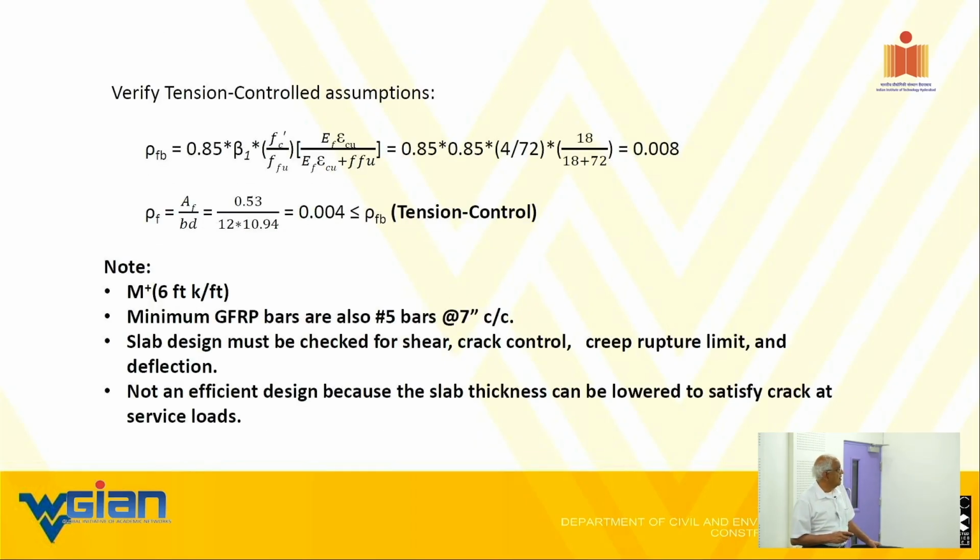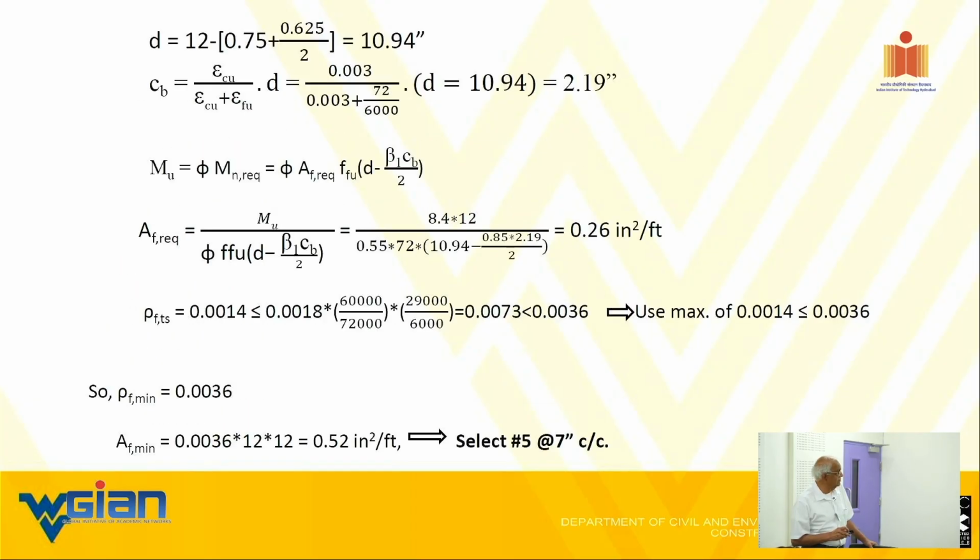So now what we are asking is to verify these assumptions. So we have placed 0.53 amount. If you look at it at the back, this gives you 0.53, even though we only need 0.52.